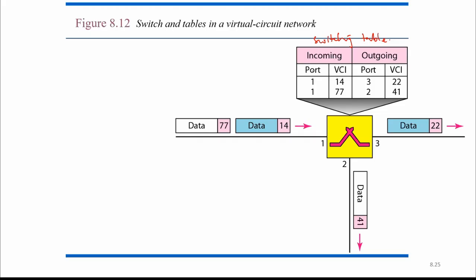For the incoming side, it stores the port, meaning which port the data is coming from, for example port 1, and then its VCI. Once it is outgoing, it stores which port it will go by, and then its VCI. So this is the basic idea about the switching table.